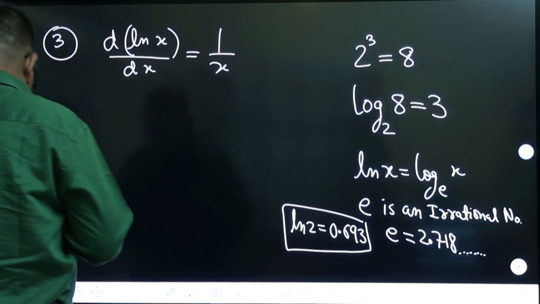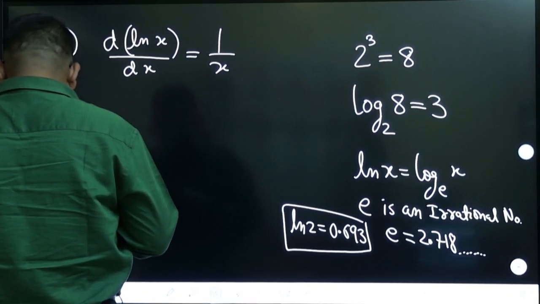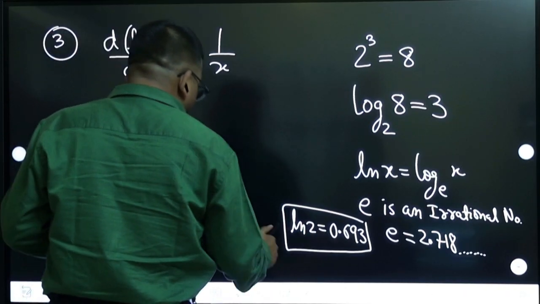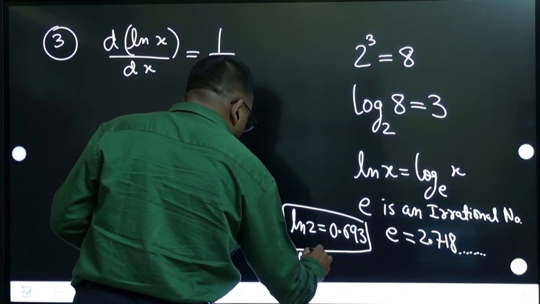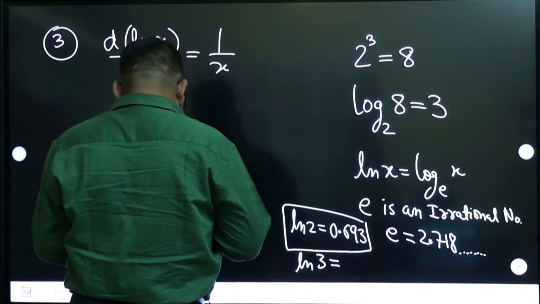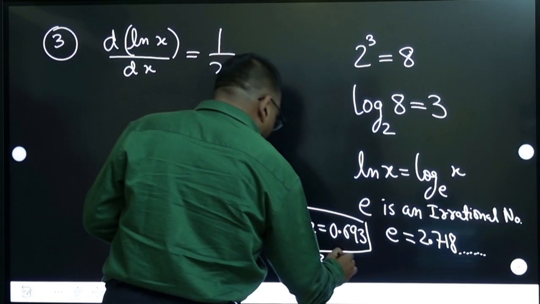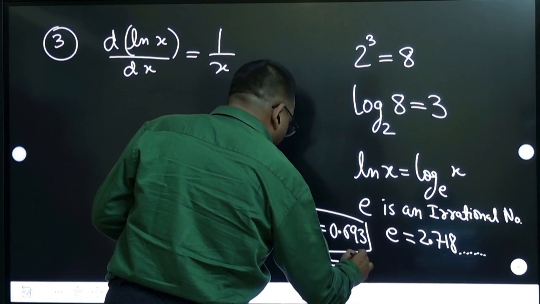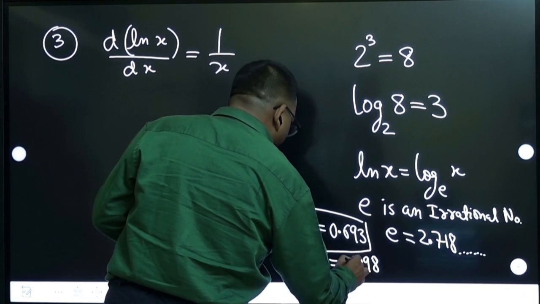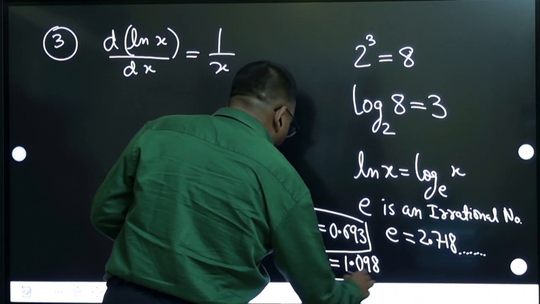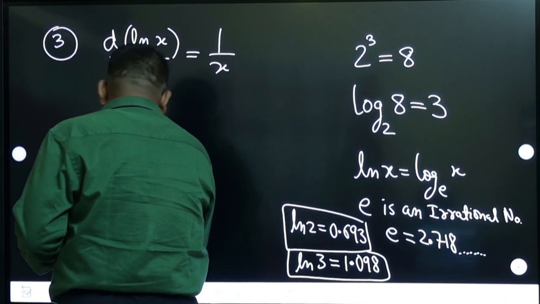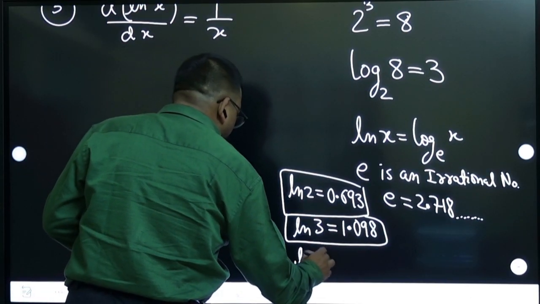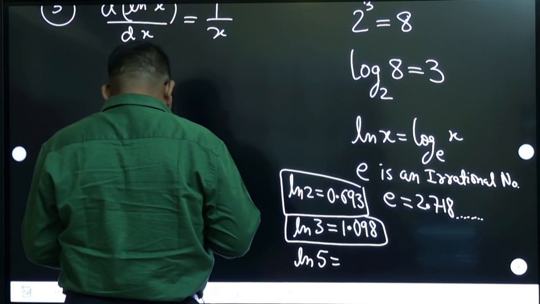Okay, there is no option before you then. So let's take this ln. Okay, ln values I will tell. ln3 also remember. ln3 is 1.098. I am giving up to 3 digits. 1.098. Remember this. And ln5 also remember.